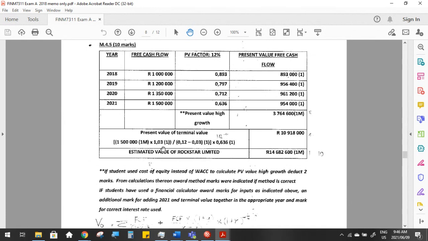Then they said after that, our growth will just be 3% per annum. So we take the last year and we grow it by 3%.